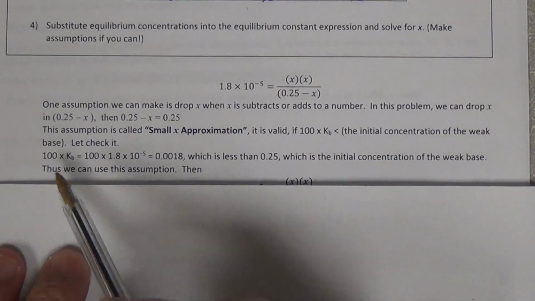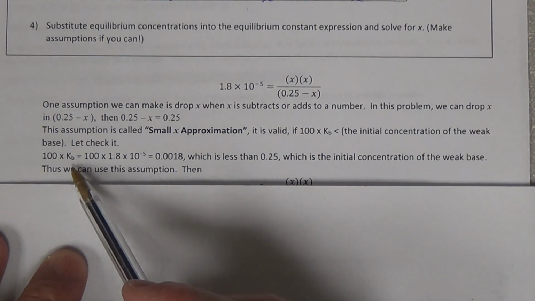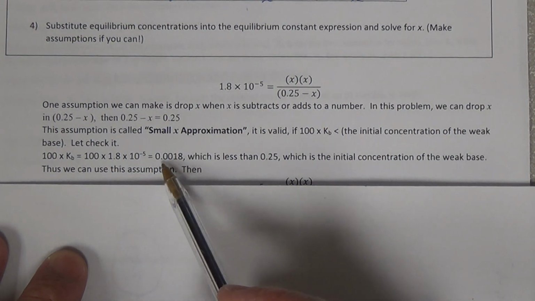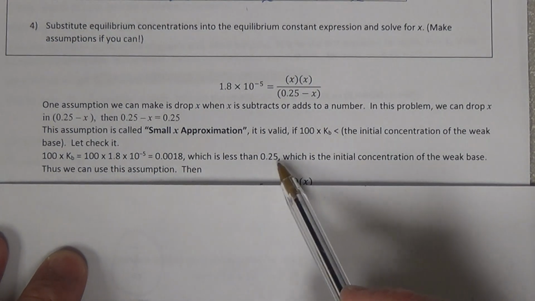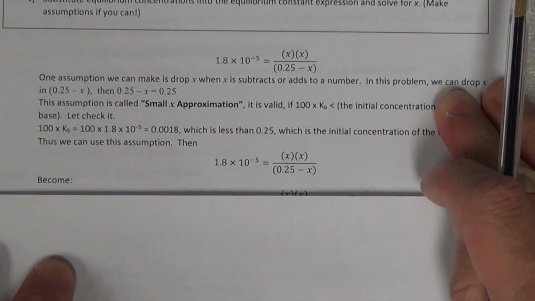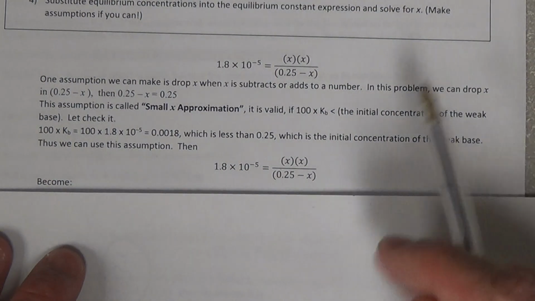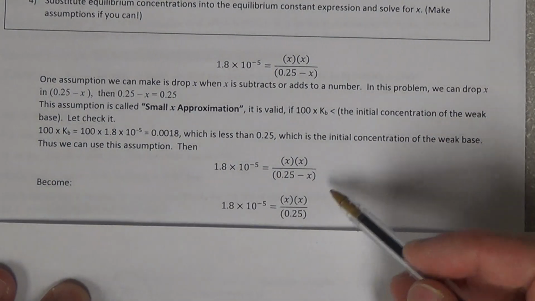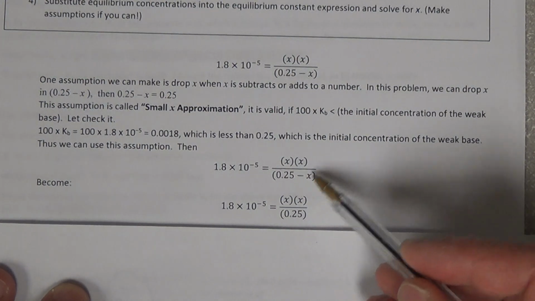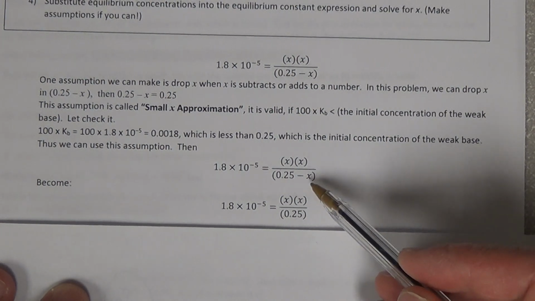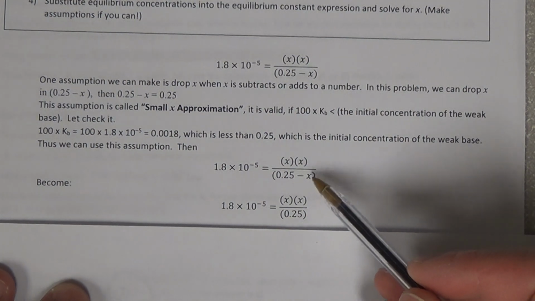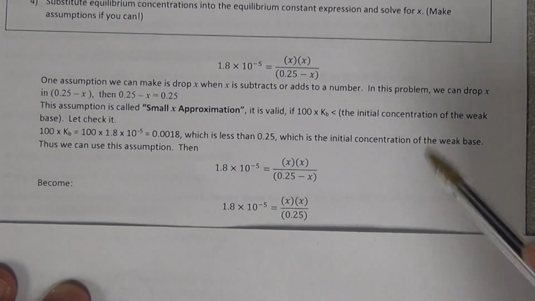We take 100 times Kb, which is 100 times this number. It becomes 0.0018, which is smaller than 0.25. So therefore, we can simplify this equation into this equation. Comparing the two, this x disappeared, or becomes 0, because x is so small; 0.25 minus x is still 0.25.